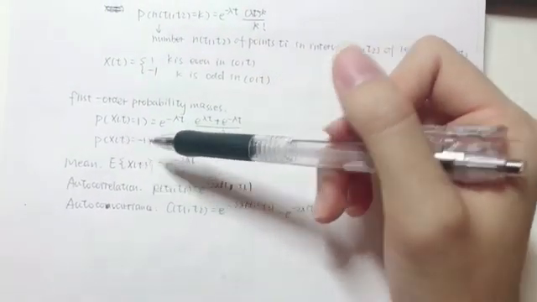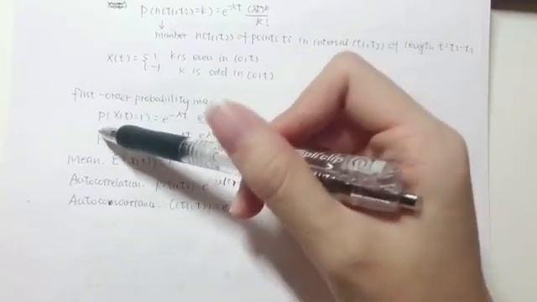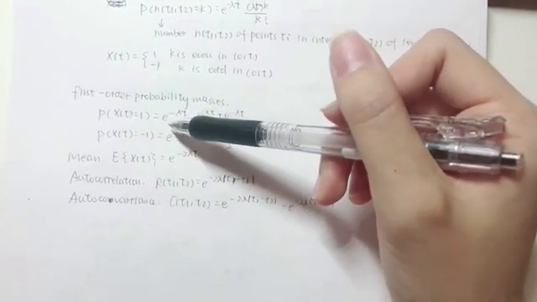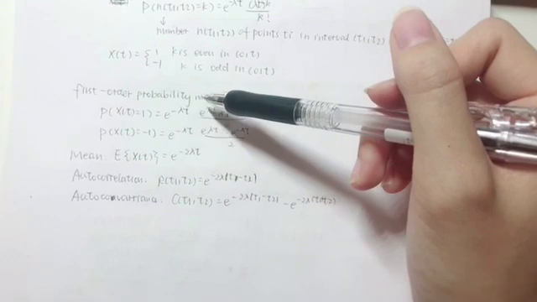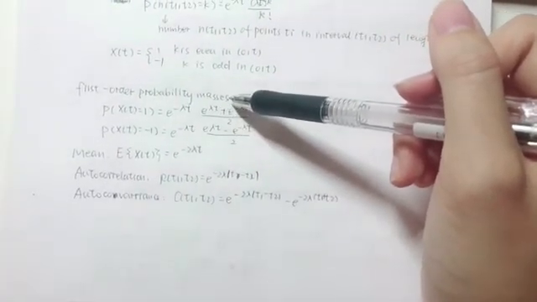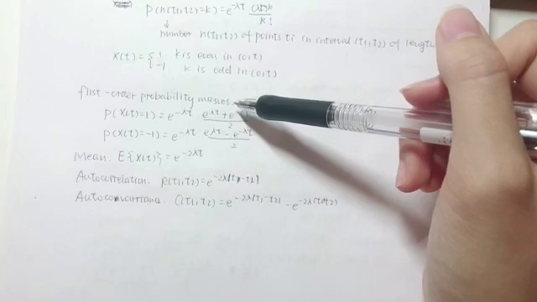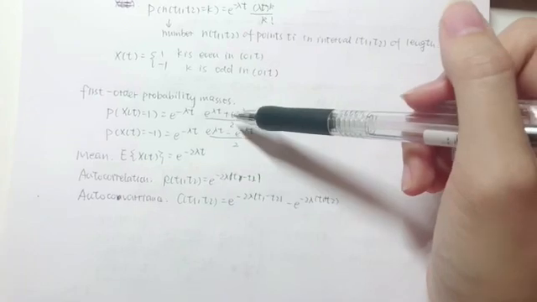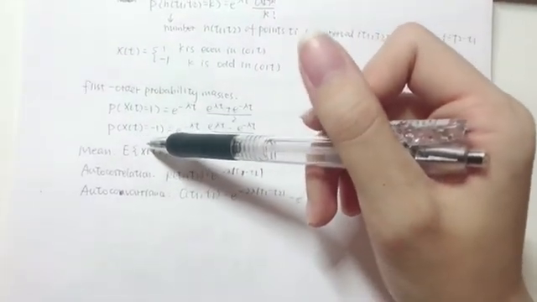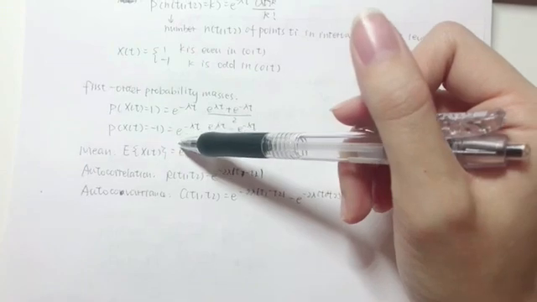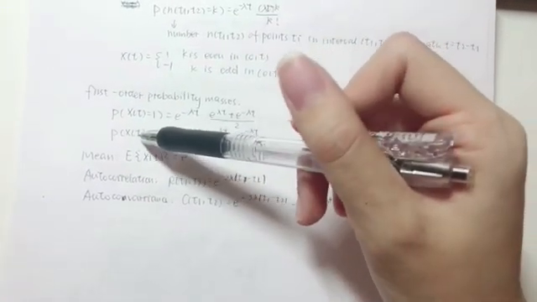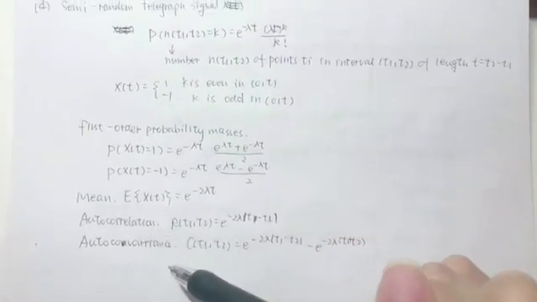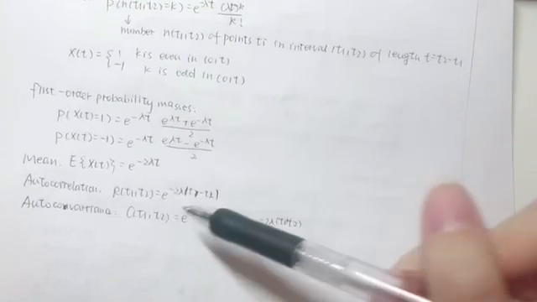That is, when x of t equals 1, the probability will equal e to the minus lambda t multiplied by e to the lambda t plus e to the minus lambda t, divided by 2, and when x of t equals -1, the expression of the first order probability masses is like this one. And the mean, autocorrelation and autocovariance are shown below.